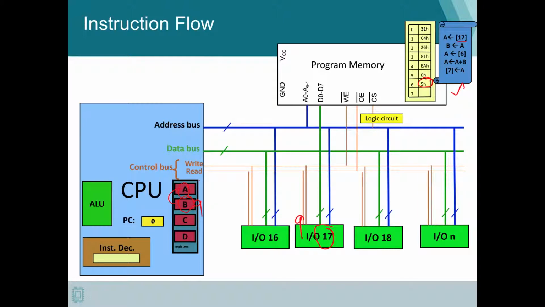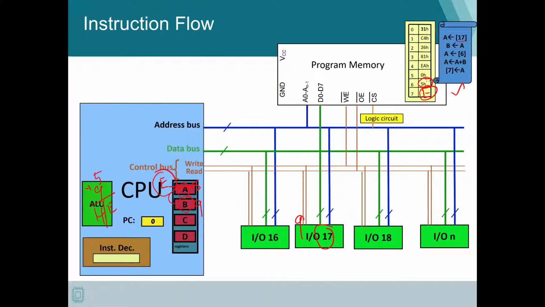Then we need to move the value from here, which is 5, into A. The fourth instruction says that we need to add them both together using the ALU. 5 plus 9 gives you a value of 14, or E. So we move the value of E to location A, and then move this E to this memory location.